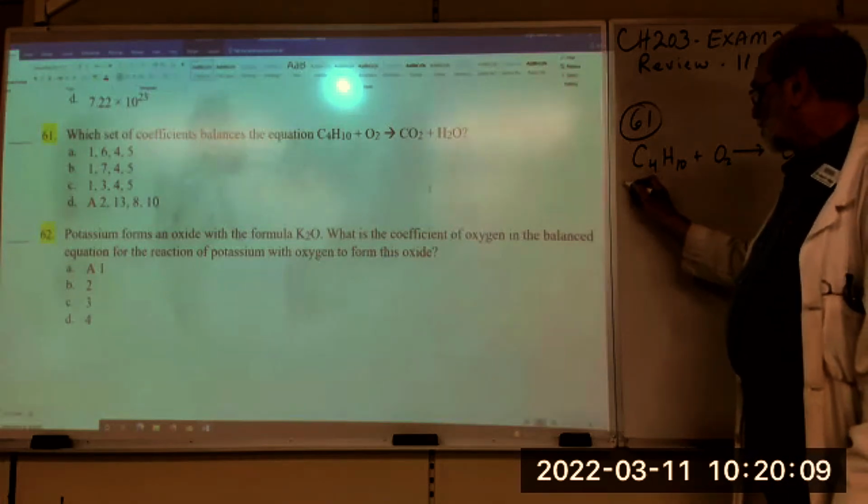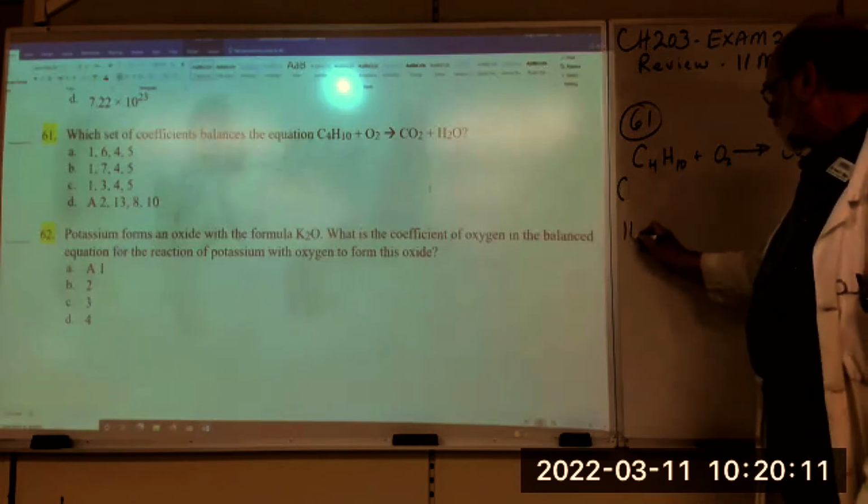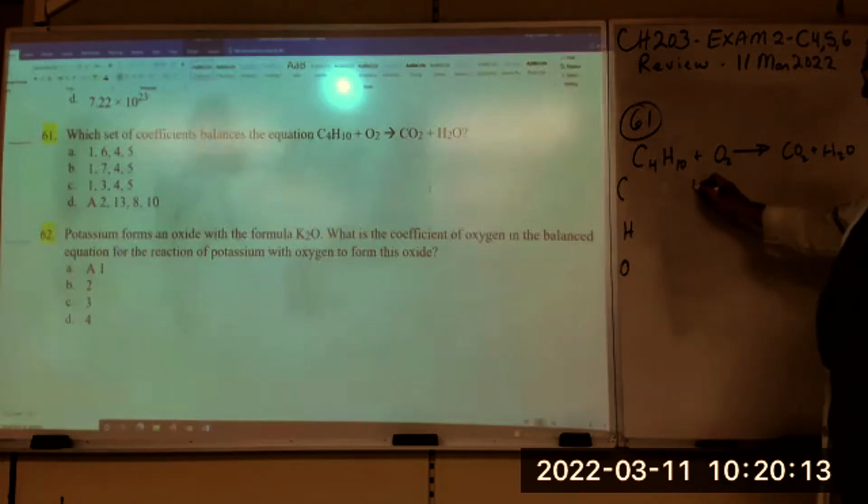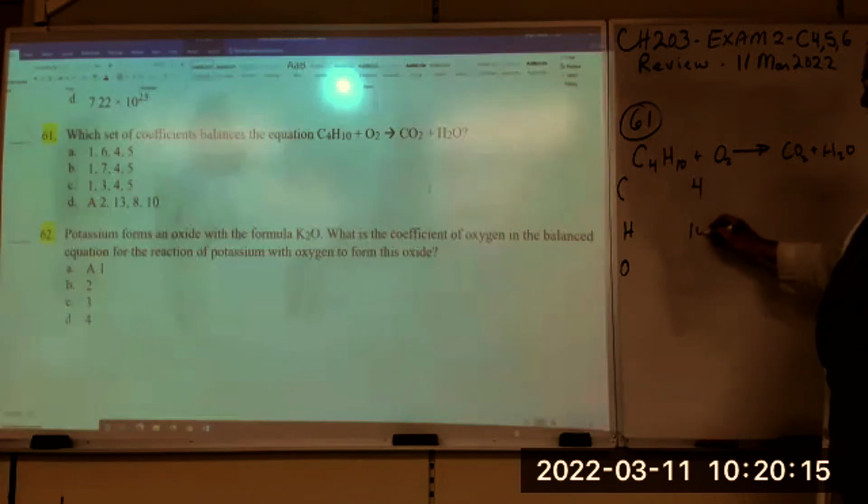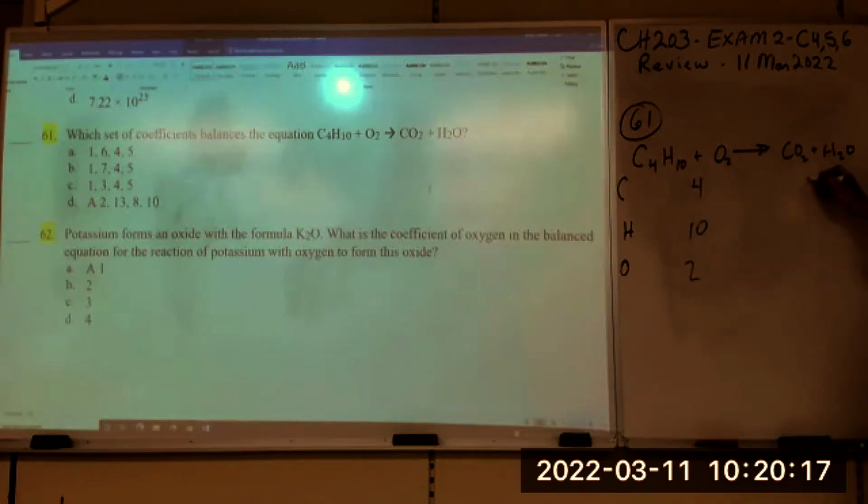We got carbons, hydrogens, and oxygens. 4 carbons, 10 hydrogens, 2 oxygens. 1 carbon, 2 hydrogens, and 3 oxygens. Okay, I start with carbon. 4 carbons. So that makes 8 plus 1 is 9 oxygens.